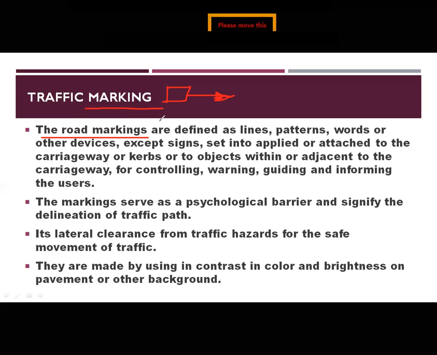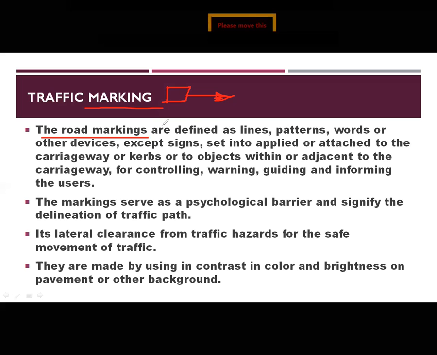And the second part of the traffic controlling devices is the traffic marking. Traffic marking is a pattern, line or symbol painted on the road surface or carriageway, or adjacent to the carriageway, for regulating the traffic or providing some information regarding the traffic.